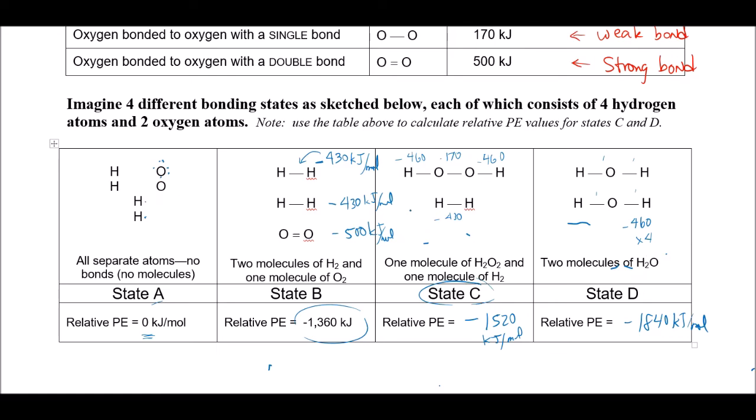We can add them up to get the relative potential energy of different bonding states. The most stable state will be the lowest in potential energy. That's this one here. This one's the most stable. Water molecules are very stable, unlikely to be broken up, unlikely to change.